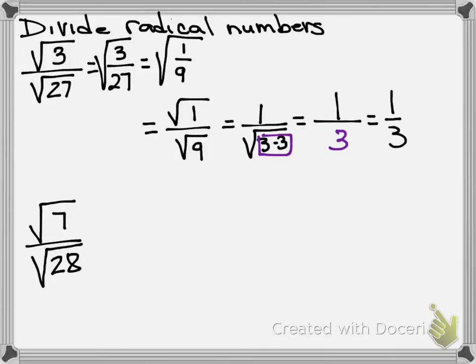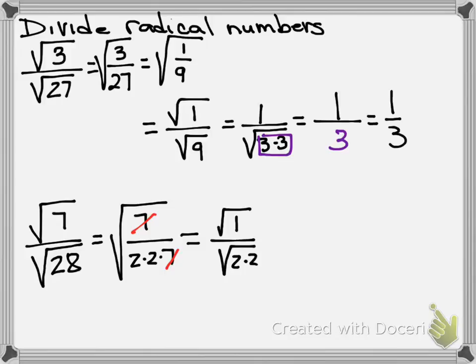If we follow the same procedure, because both of them are under the square root sign, you would have the square root of 7 over 28. Basically, I break down the 28, and now I can simplify the 7, then I am left with, now remember that I'm still looking for a group of 2's because the index is 2.